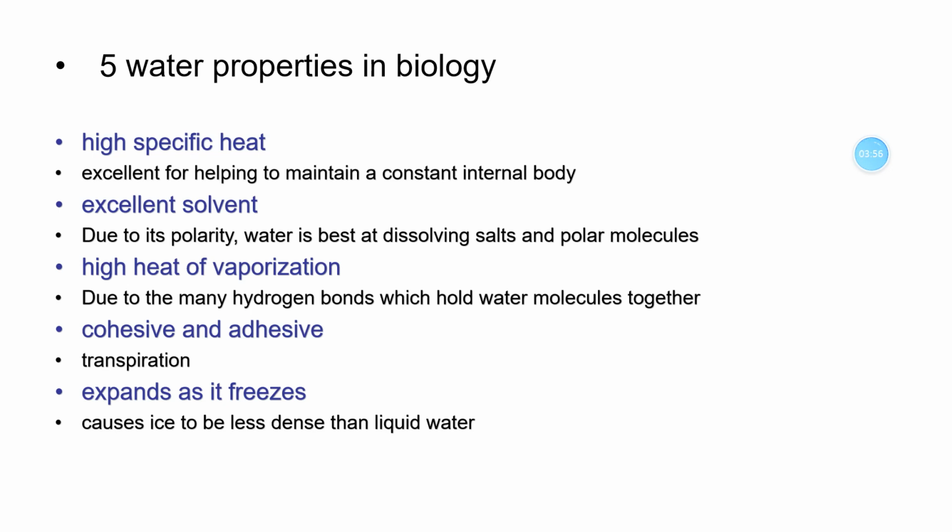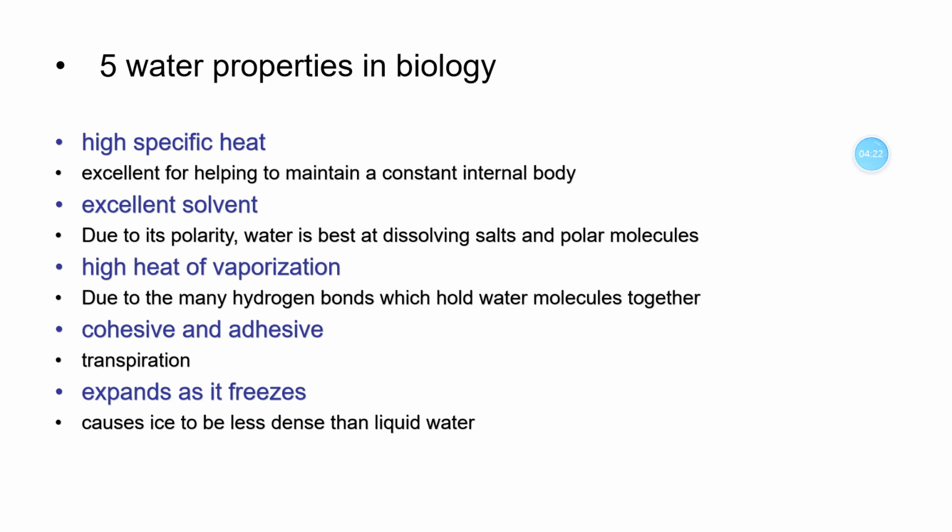So this property is excellent for helping organisms maintain a constant internal body temperature. The second one is that it is an excellent solvent. Water is often referred to as the universal solvent. This means that it is great at dissolving other materials such as solids.